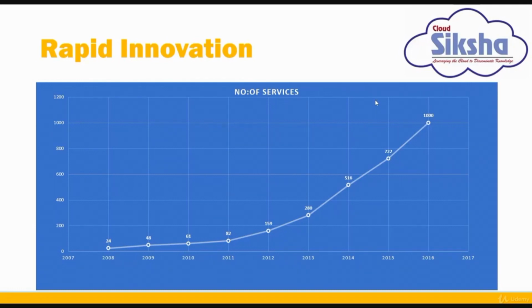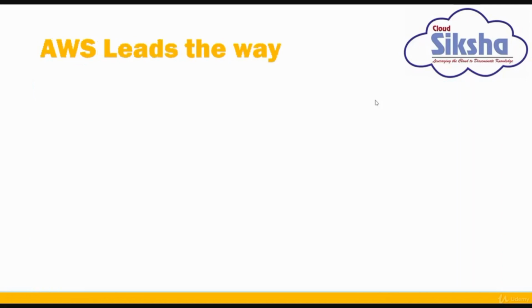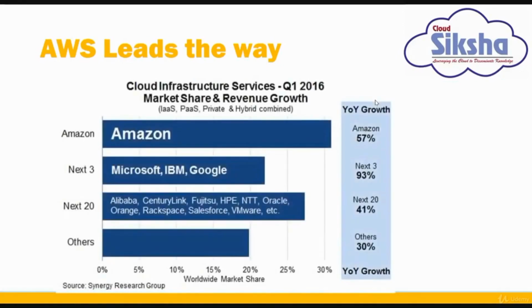Now, what does this mean to Amazon itself when it runs at such a pace? It means that they can be market leaders. And in fact, they are the market leaders in the cloud infrastructure space. This graph, for example, shows you that Amazon has around 31% market share as of the first quarter of 2016.